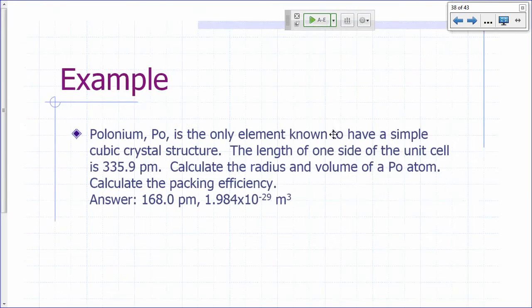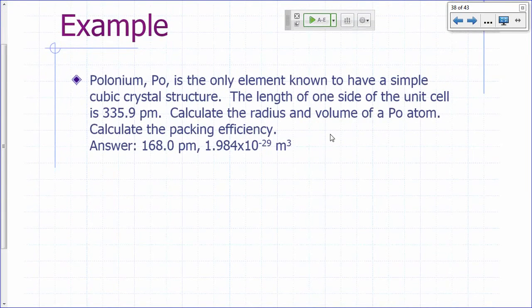What about if you're dealing with, here's an example, polonium. Going back to polonium, what's the length of one side? We said it was 335.9 picometers. Let's figure out what the size of a polonium atom is, based on this information.